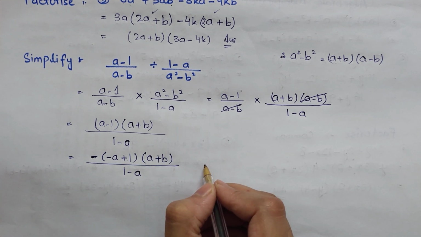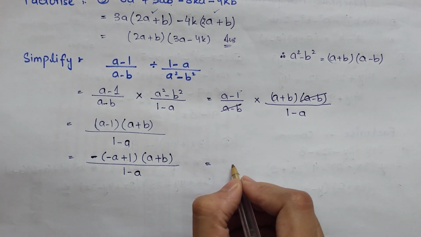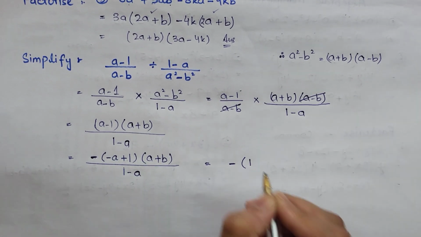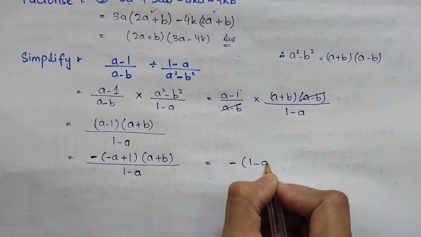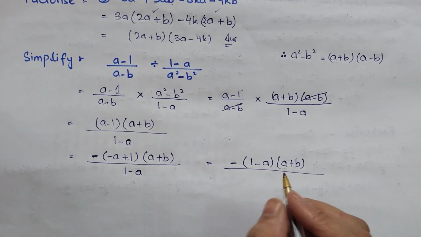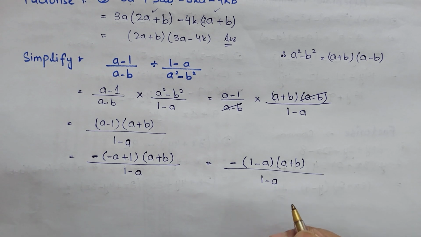So now I can write it like this. Minus sign is common because 1 is positive, so I write 1 first and then minus a after it. I just simply change the position.